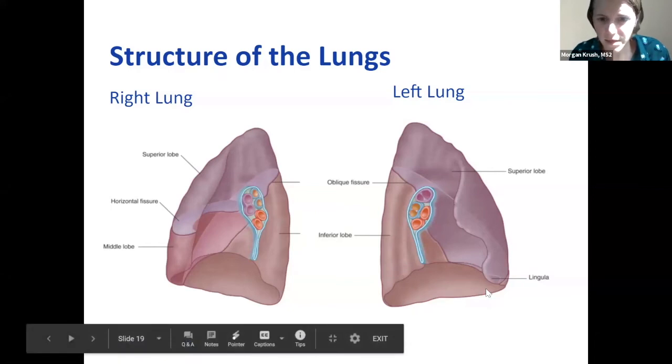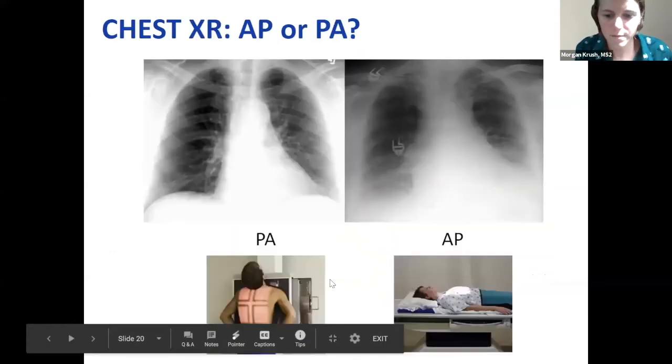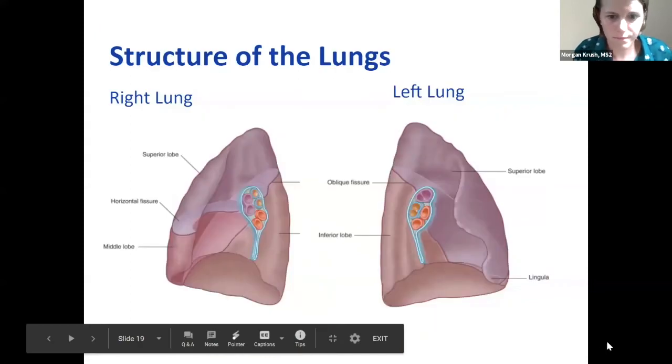And what do you guys think would be sitting right here where my mouse is? Yeah, so this is going to be the diaphragm sitting right here.